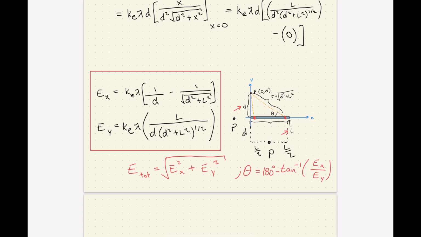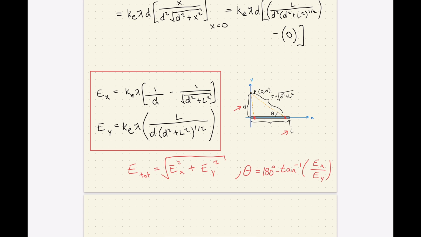The reason this is easier to calculate is that all of the horizontal components cancel out and you just get a vertical direction, so you don't need to calculate many components. That is another problem that I'm going to do maybe later on. But I wanted to show you this one for calculating the electric field at the edge of the bar.